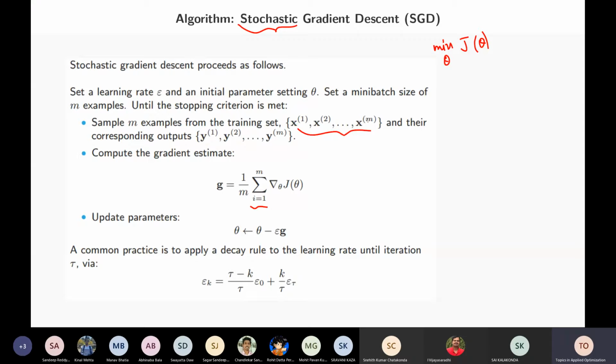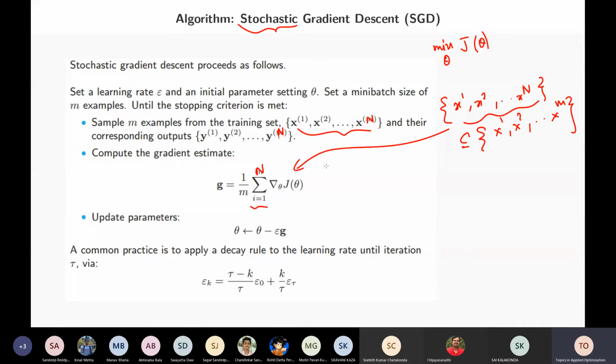Like I did in the previous class, maybe I should use N. So N is the small subset of the set X_1 to X_m. So X_1, X_2, up to X_n, this set is a subset of the global pool of the samples X_m, small m. So we are taking only a subset and defining a loss over that subset of the original samples.